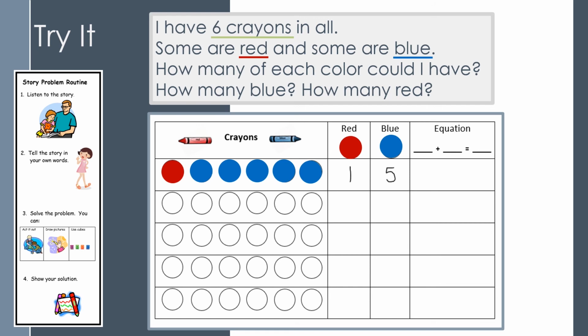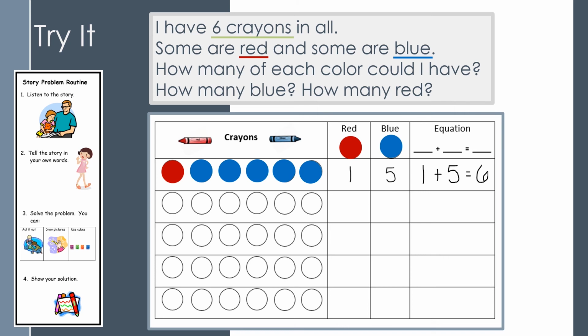You're right, 5. We can write an equation to show our first combination. 1 plus 5 equals 6. 1 red crayon and 5 blue crayons is one possible answer.